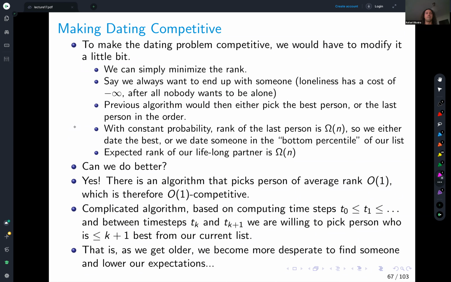Does that make sense? And this kind of encapsulates every possible reasonable algorithm. You wouldn't want to say I'm only going to pick it if it's the second best and not the best compared to everything you've seen before. It encapsulates all of it, and you would not want to become more picky as time goes on. The whole problem is it's really hard to prove that that's not better.